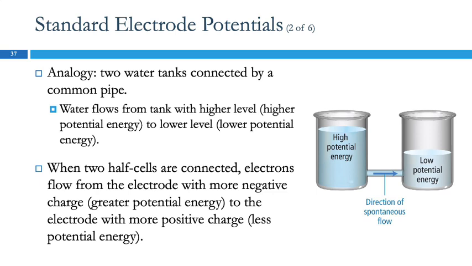What gets a little confusing here is that negative is greater potential energy here, not positive. Why is that? Well, let's think about it. The electrons are leaving the anode, right? If the anode is positively charged, are the electrons going to leave?